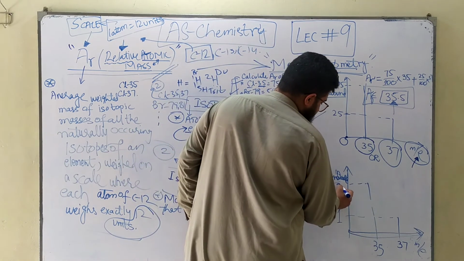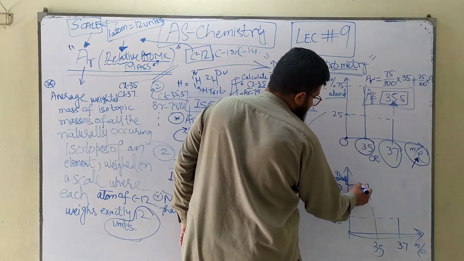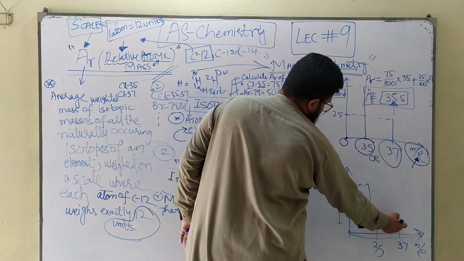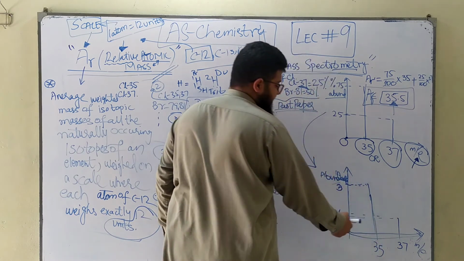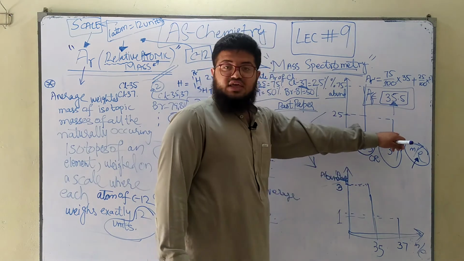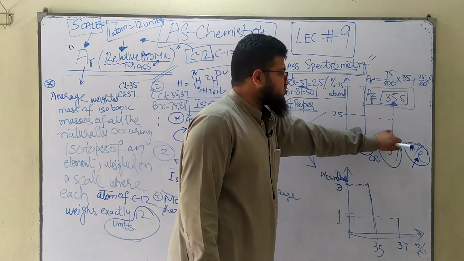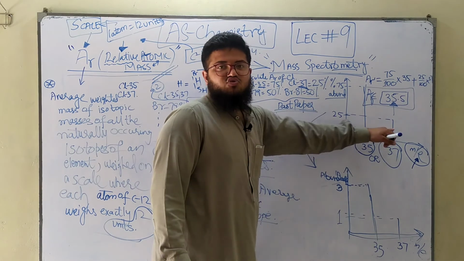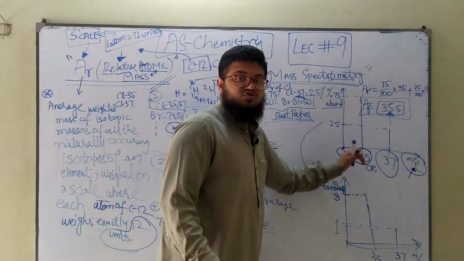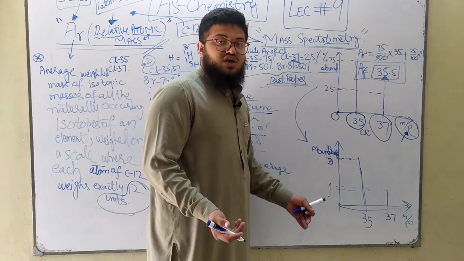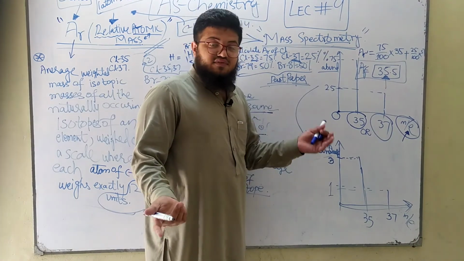So this number is 3 and this number is 1 for the smaller line. If you look at it carefully, this 1:3 is the same ratio as the upper one. This was 25%, this was 75%. 25:75 is actually 1:3, right? So you can use this as well to calculate the relative atomic mass.